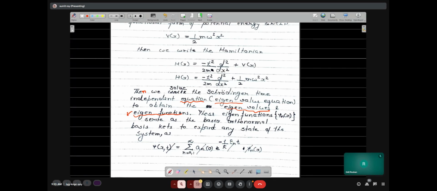And these eigenfunctions will be taken as the basis states generally, which we use to write as summation of the set of phi I. Here I have written this eigenfunction as the set of psi n instead of phi I. These eigenfunctions serve as the orthonormal basis states to expand any state of the system. So this is the very common part.